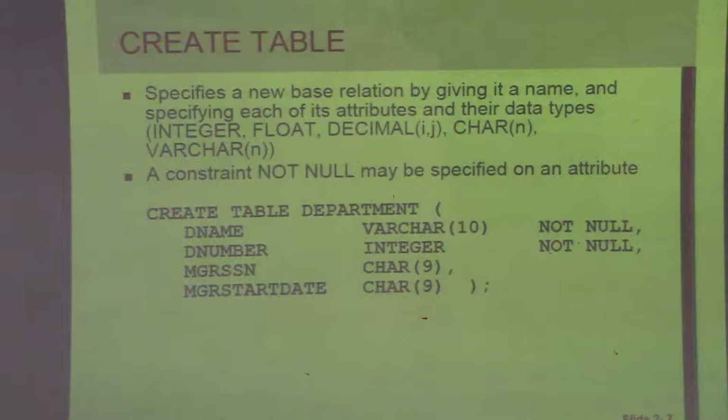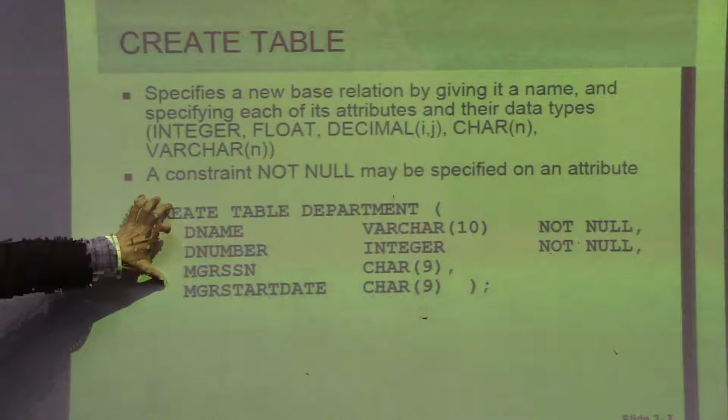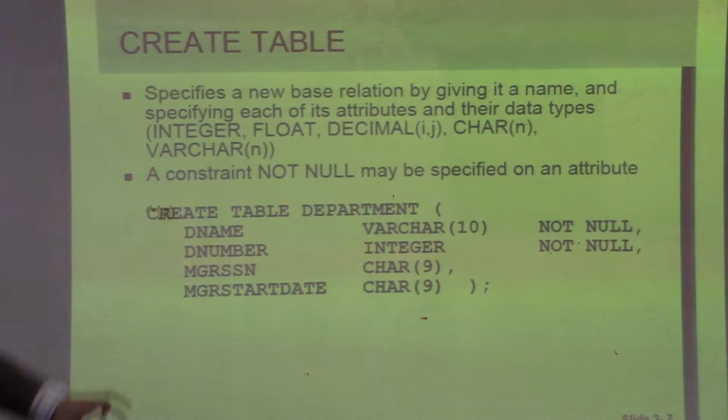SQL allows creating a table without a primary key. What about the relational database model? No. The relational data model itself does not allow a table without a primary key, but for practical reasons, the SQL language allows creating a table without a primary key.